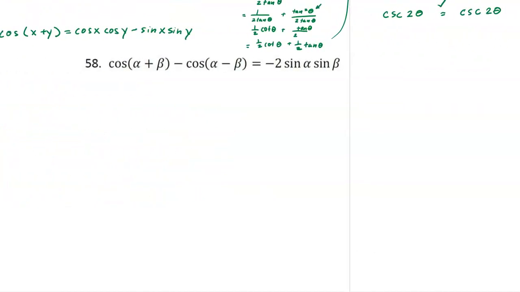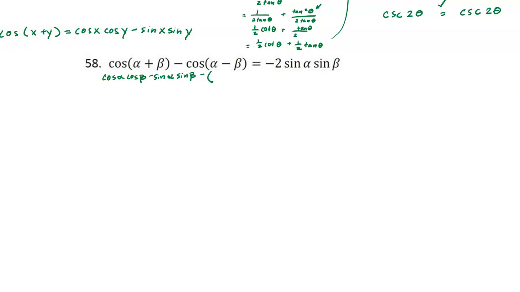58. Now this, it has alphas and betas in it. Don't you just love the Greek alphabet? So I'm just going to straight use the sum and the difference of the cosine. It's the sum of cosines: cosine of alpha, cosine of beta, minus sine of alpha and sine of beta.